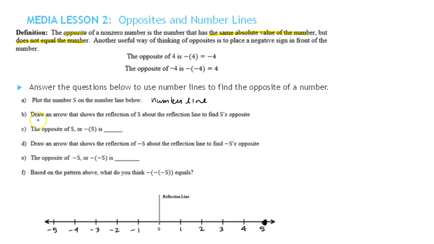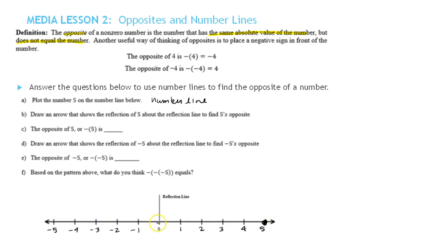Next, we're asked to draw an arrow that shows the reflection of 5 about the reflection line to find 5's opposite. So in terms of a number line, we can think of the opposite number, remember, as the equal distance from 0, but not equal to the number. So we have this distance. We want to look in the other direction, this distance.